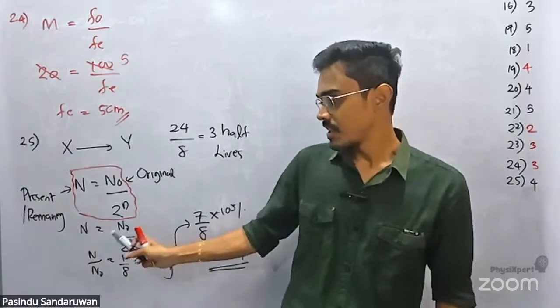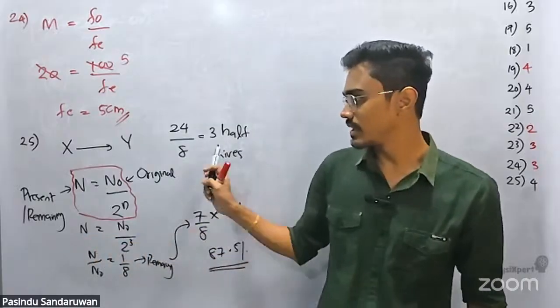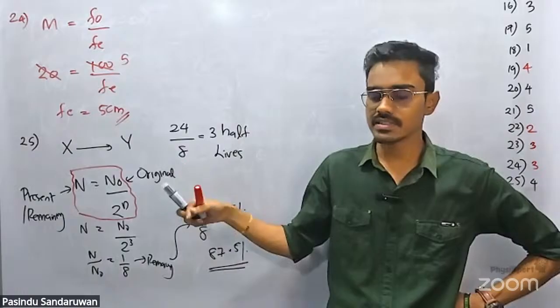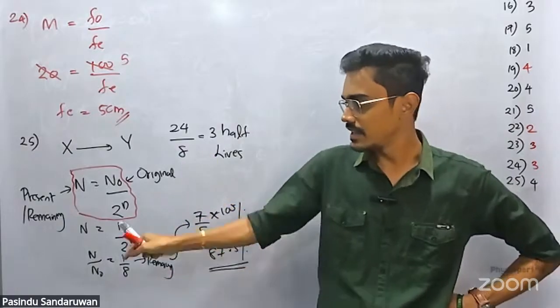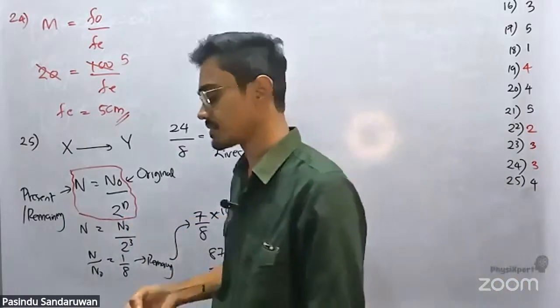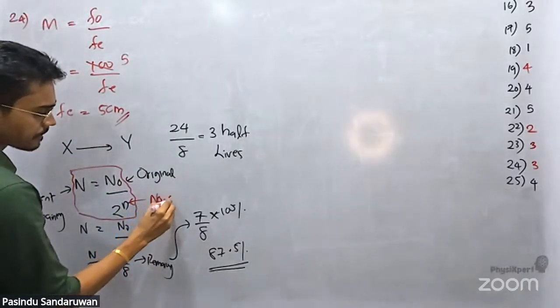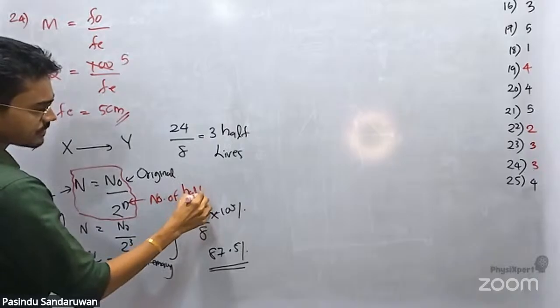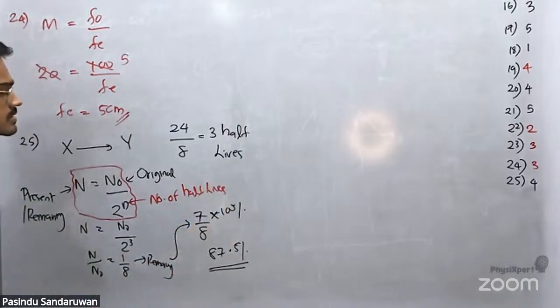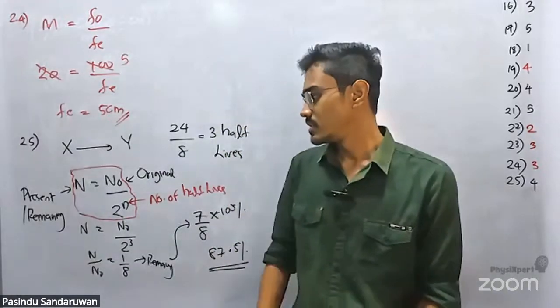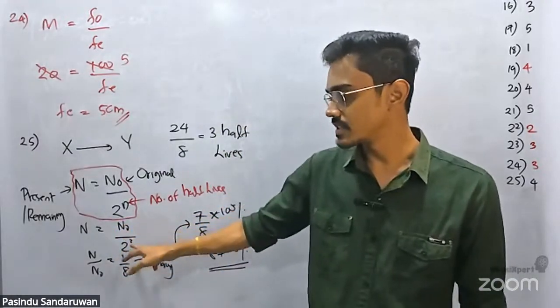Now, when X converts to Y, one half-life is 8 days. After 24 days, 3 half-lives have passed. Here n is the number of half-lives. So N equals N0 over 2 to the power 3.